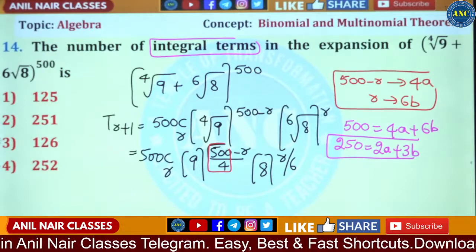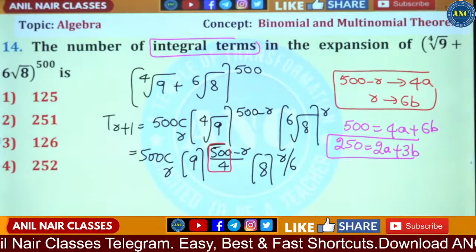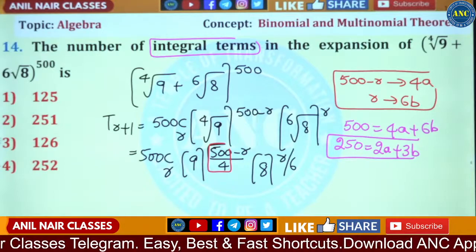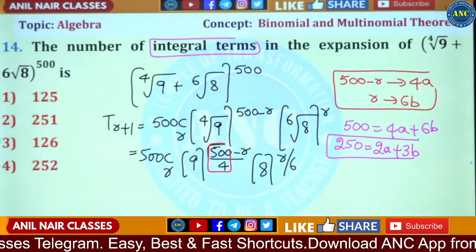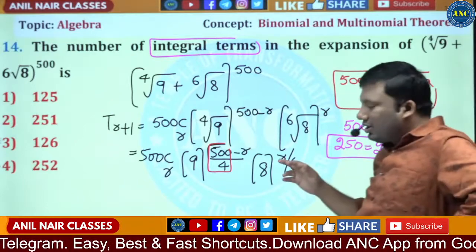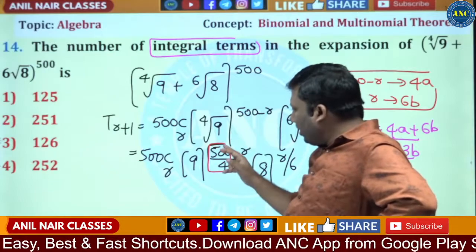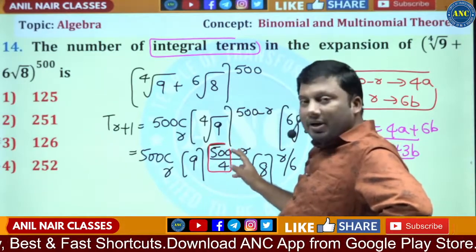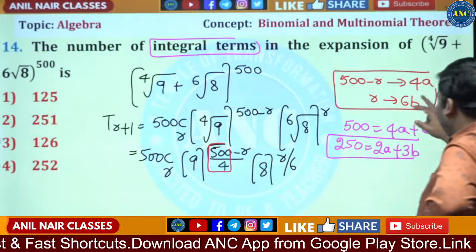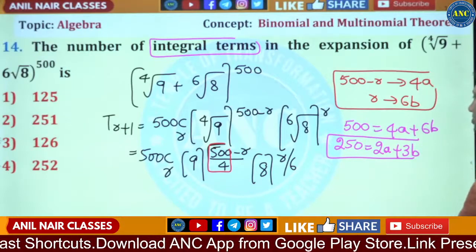Now we have to go with values one by one. How many integral values are possible for this equation? Till here, any doubts? 500 minus R should be perfectly divisible by 4, and R should be divisible by 6.